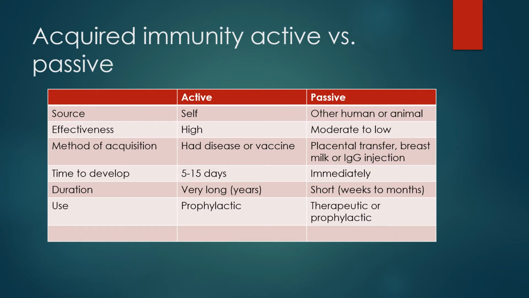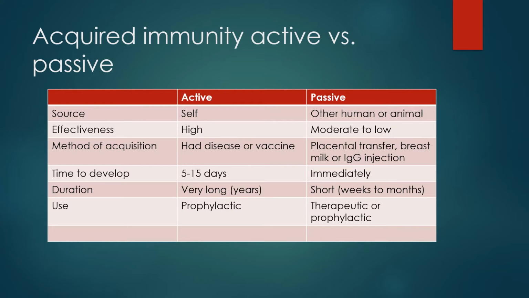The time to develop for active acquired immunity takes a few days, up to 15 days or so, whereas passive acquired immunity works immediately. The duration of active acquired immunity lasts for years, so the duration is very long, whereas for passive acquired immunity, the duration is quite short. You're only protected for weeks to months.